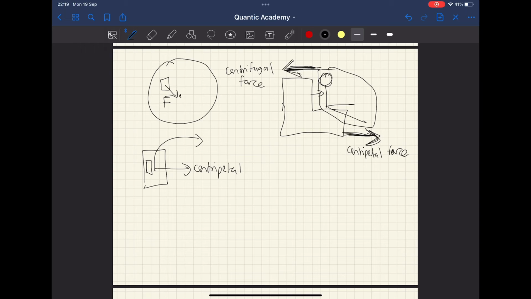Your body will continue moving in a straight line, so you feel like you're being accelerated this way, even though you're not. There's no force there. It's just the car and the seat that are accelerating this way, experiencing a force this way, but you're not. So you feel like there's a force pushing you this way. That's centrifugal force, and that's why when you're going around a curve in a car, you move the opposite direction.